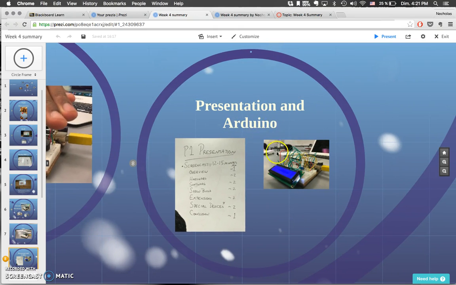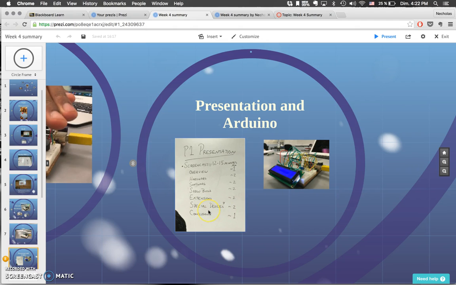So like I said, this is the overview of the presentation that we have to include. It has to be a screencast, like the one that I'm presenting now. An overview of 1 minute, hardware of about 2 minutes, software, showing the build, and the extensions, which are things you can go further with inside the circuit itself.